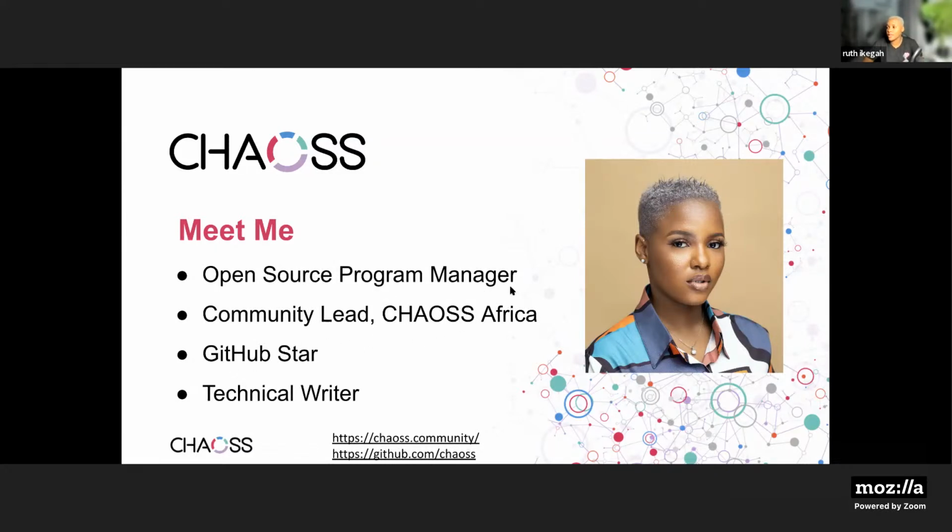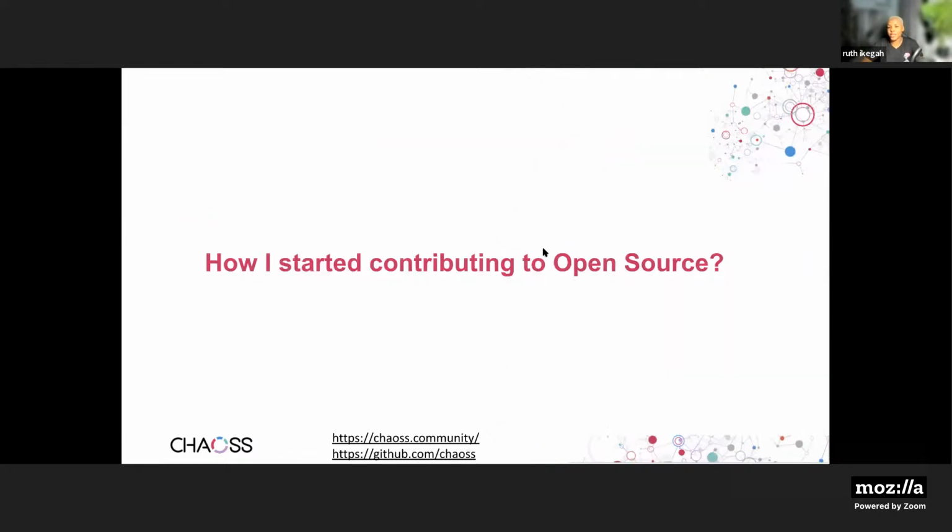I'm also a GitHub star, and I also do technical writing. Before we go into the CHAOSS project, I wanted to share how I started contributing to open source and how I found the CHAOSS project, before I go into details about it.